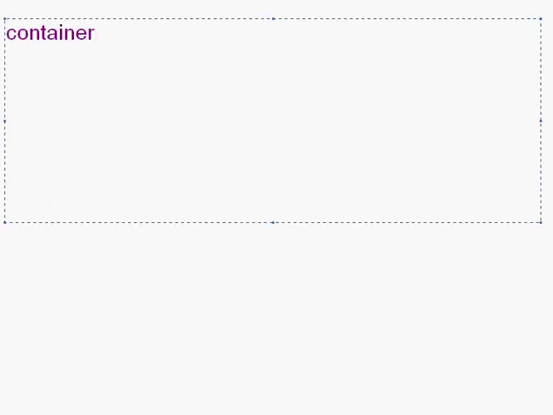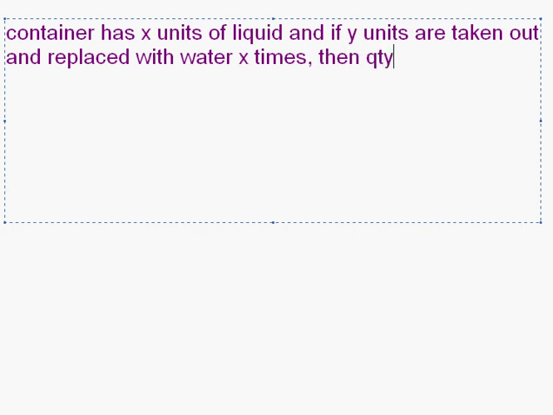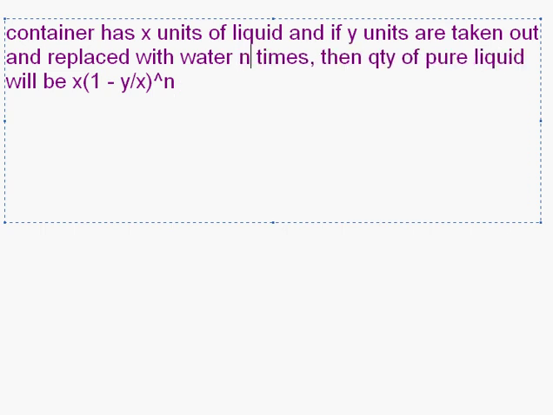The question says the container has x units of liquid, and if y units are taken out and replaced with water n times, then the quantity of pure liquid will be given by x times (1 minus y upon x) raised to power n, where n is the number of times the operation is repeated.